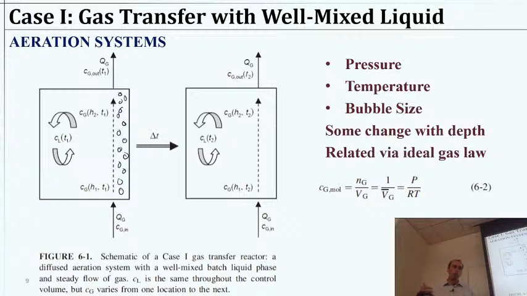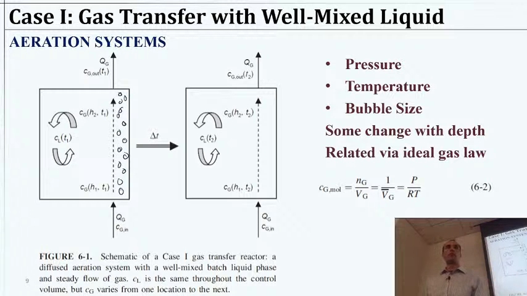Okay, so with depth, there are a few things that can change. Pressure, of course: the deeper we go, the more pressure we have. It's possible to have temperature changes in most of our engineered systems. We probably wouldn't have temperature change within the volume, but there could be a temperature differential between the gas and the liquid, right?